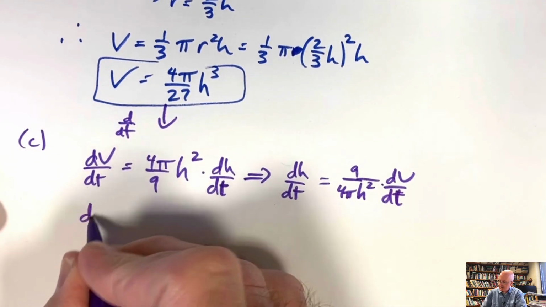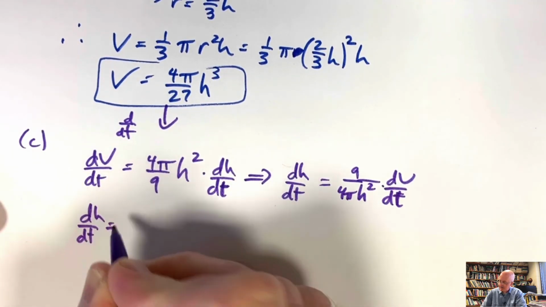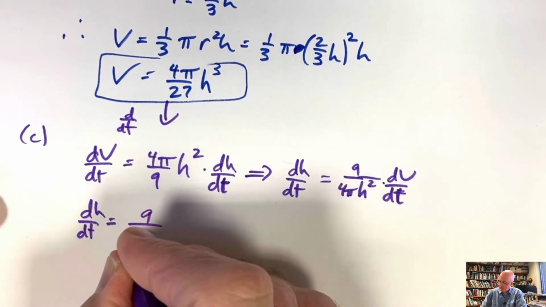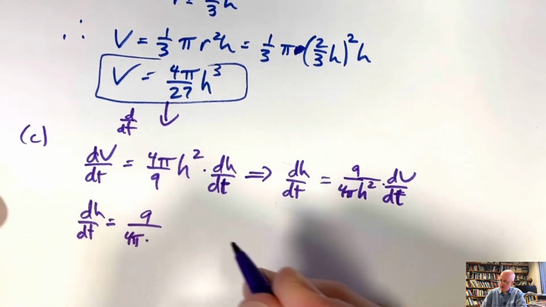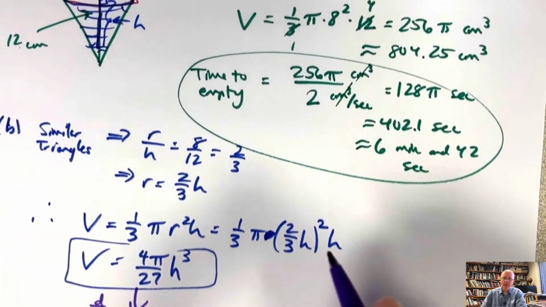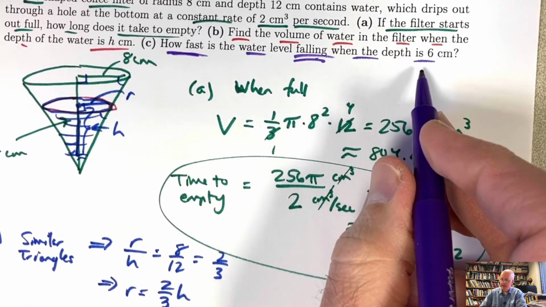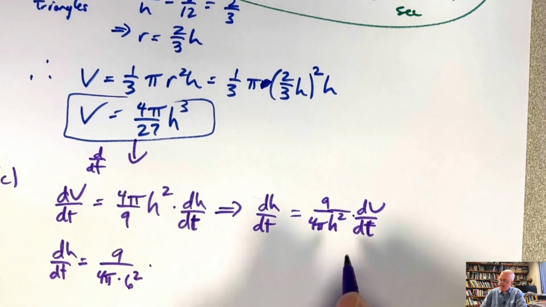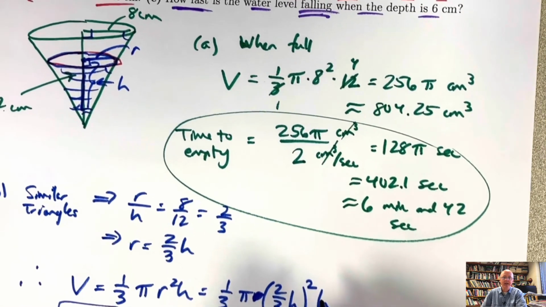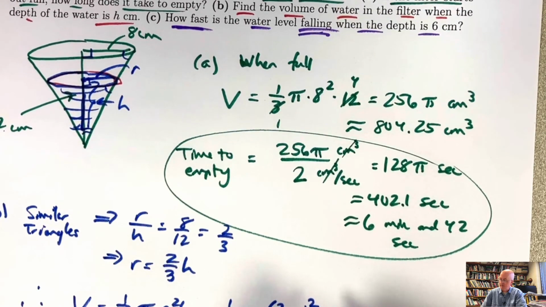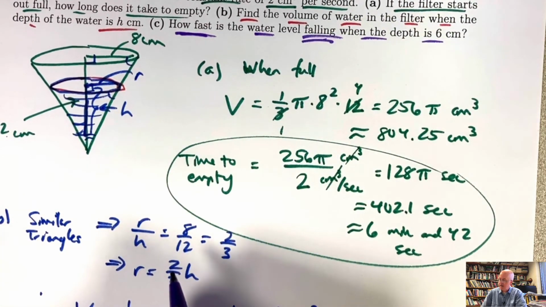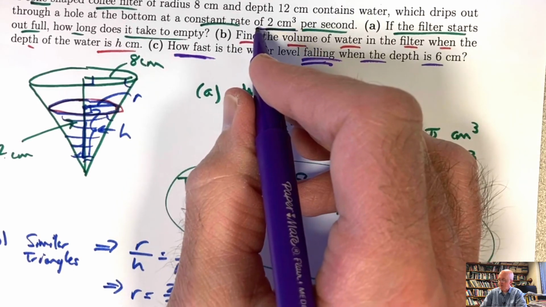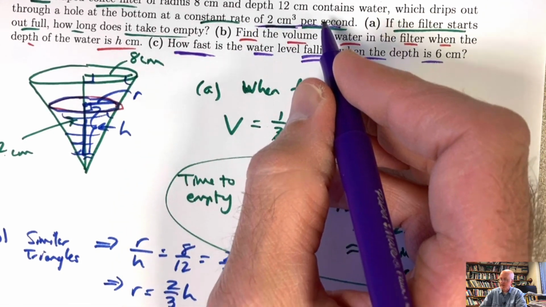So dh/dt, this is going to be a negative quantity, is 9 over 4 pi h squared. We're at the moment in time when the depth is 6 centimeters, so I get a 6 squared down there. dV/dt is negative. The volume is going down over time. And we're assuming it's a constant decrease, rate of change for the decrease in volume of 2 cubic centimeters per second.